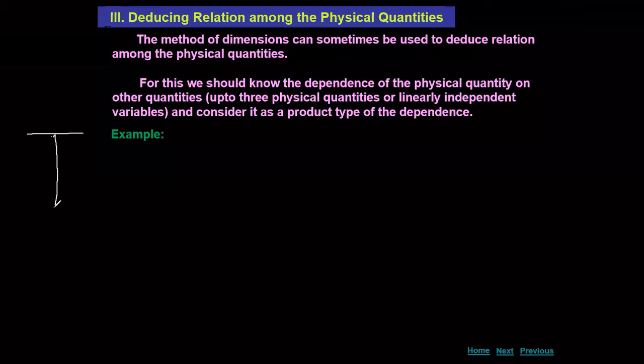In a simple pendulum, one small bob is attached to a thread, and this thread is attached to a fixed support. The length of this simple pendulum is L, and the mass of this bob is M. We pull it up to here and leave it, so it will make oscillations.